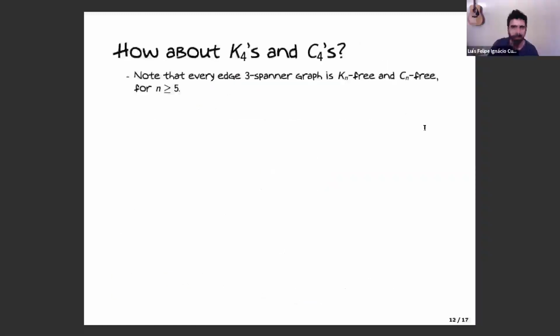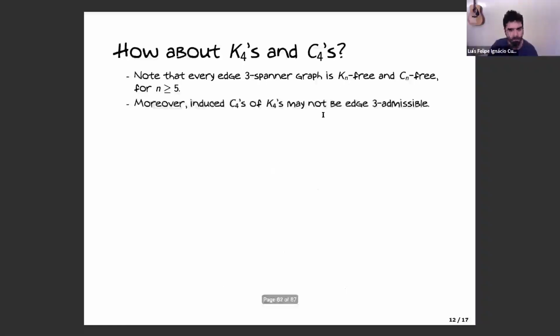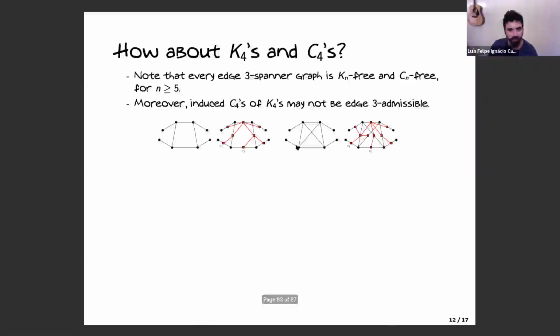Okay, but how about K4s and C4s? Also, there are examples of C4s and K4s that cannot be induced in any edge tree admissible graph. These are the cases. If you have a C4 such that for any vertex inside the C4 the degree of such a vertex is greater than 2, as all of the vertices here satisfy this property, it cannot be in any tree admissible graph.